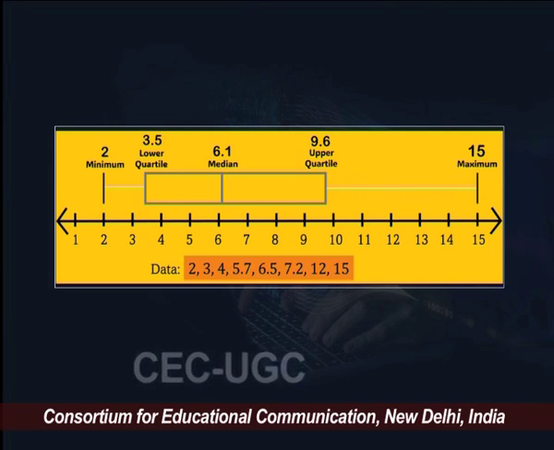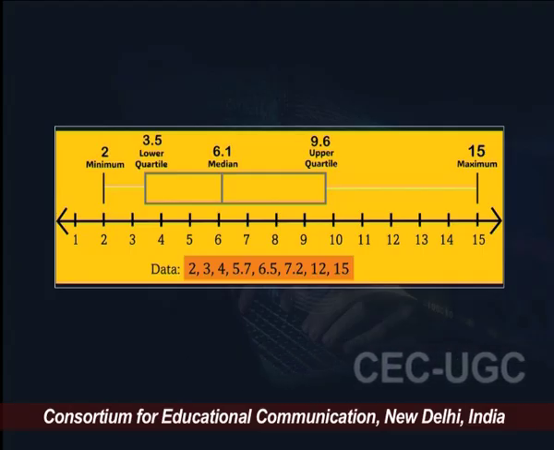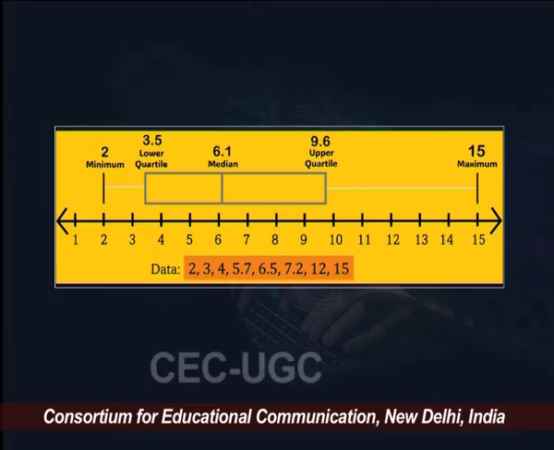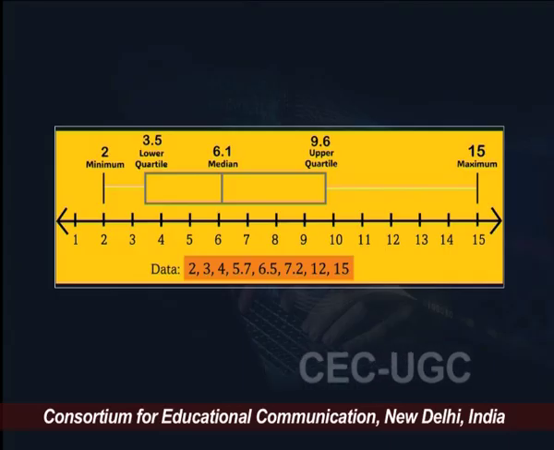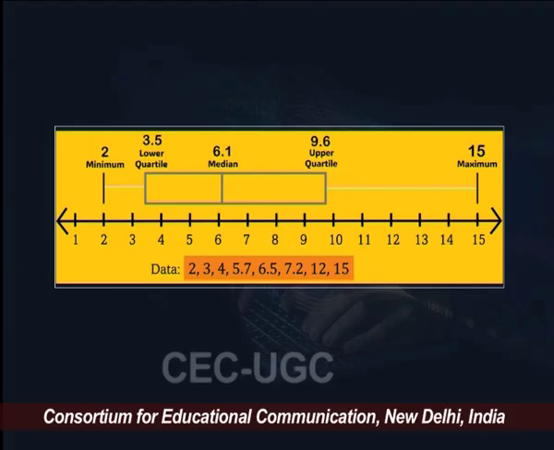So let's analyze this particular graph. It shows a box plot which shows the data is scattered somewhere between 3 to 9. And the whisker which goes down is at 2, and the whisker which goes up is at 15. Now if you look at the data, our data is scattered between 2 to 15.